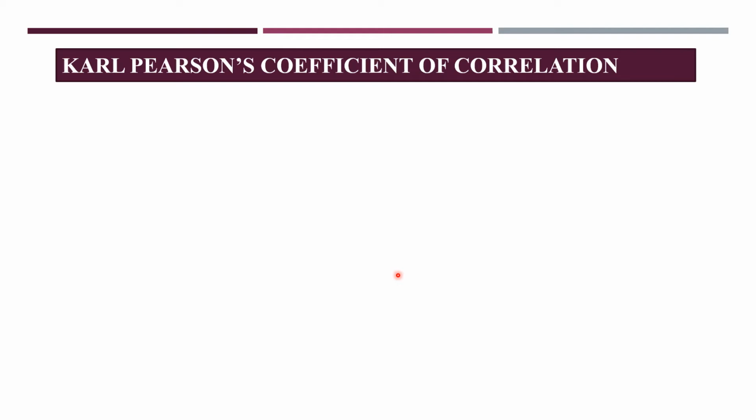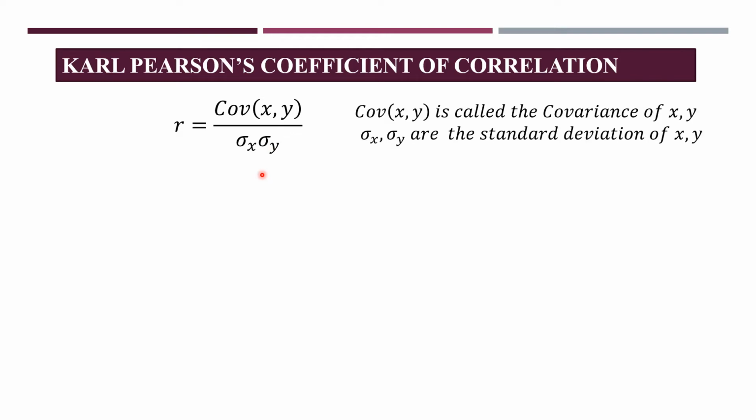Karl-Pearson's coefficient of correlation is denoted by small r and is defined as r is equal to covariance of x comma y divided by sigma x sigma y. Sigma x is called the standard deviation of x and sigma y is called the standard deviation of y.